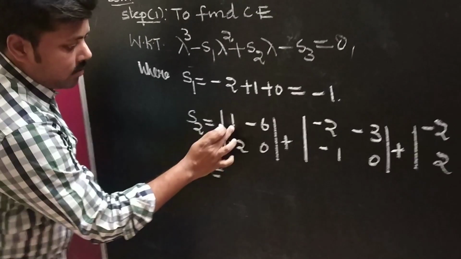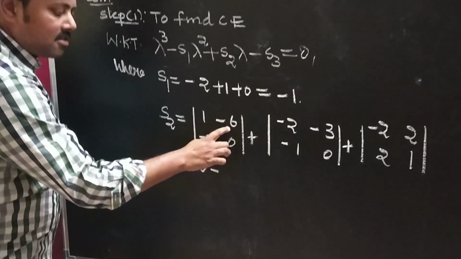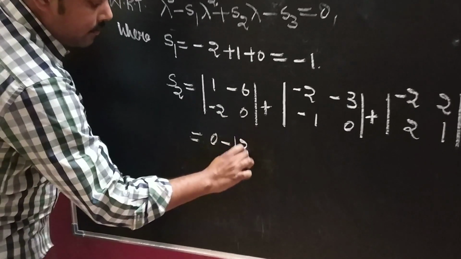So by determinant expansion, 1 into 0, 0 minus minus 2 into minus 6 is plus 12.